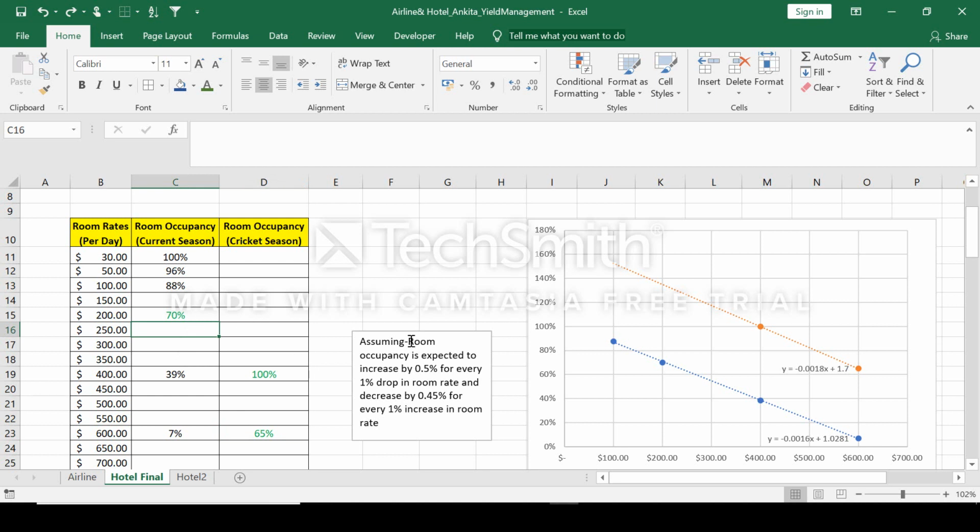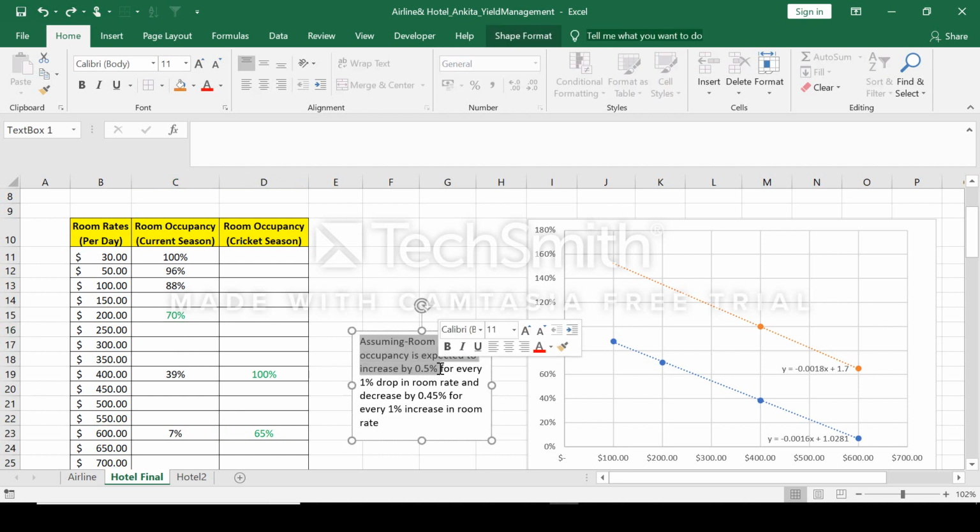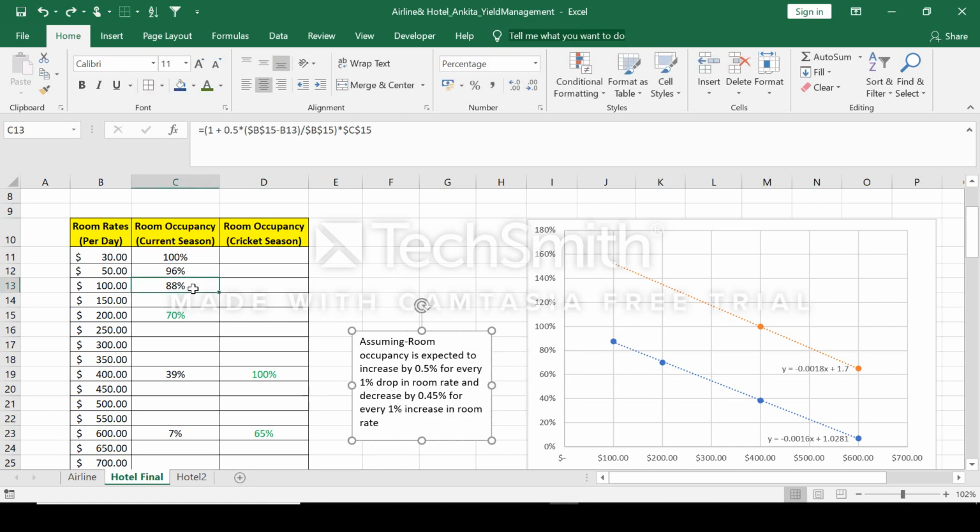Assuming that the room occupancy is expected to increase by 0.5% for every 1% drop in room rate and decrease by 0.45% for every 1% increase in room rate, we used that to build the formula for calculating the room occupancy for the rest of the room rates.